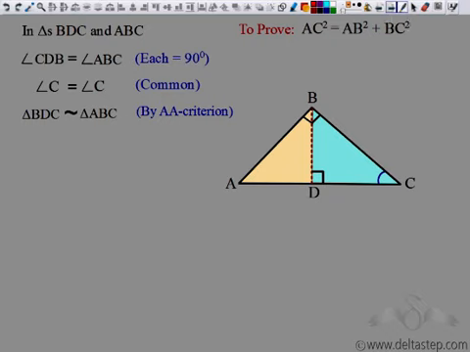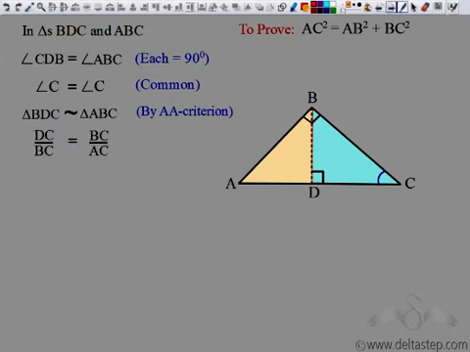Since the corresponding sides are proportional, let's look at the corresponding sides. DC by BC is equal to BC by AC. So this is what I get.